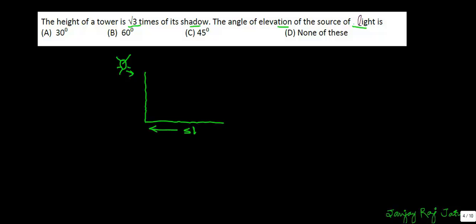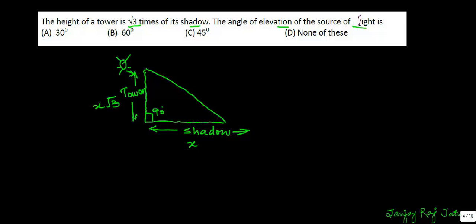This will be shadow, and this is the tower which we are talking about. Height of tower is √3 times of its shadow. So if the shadow is x, then the height of tower is going to be x√3. This information is provided in the question.